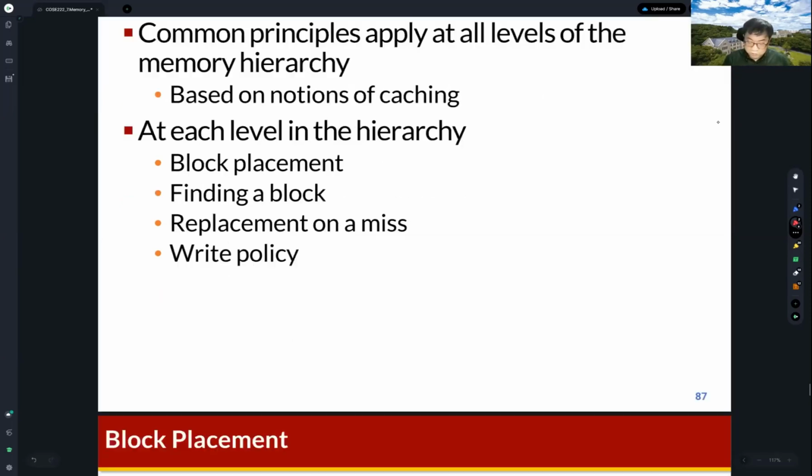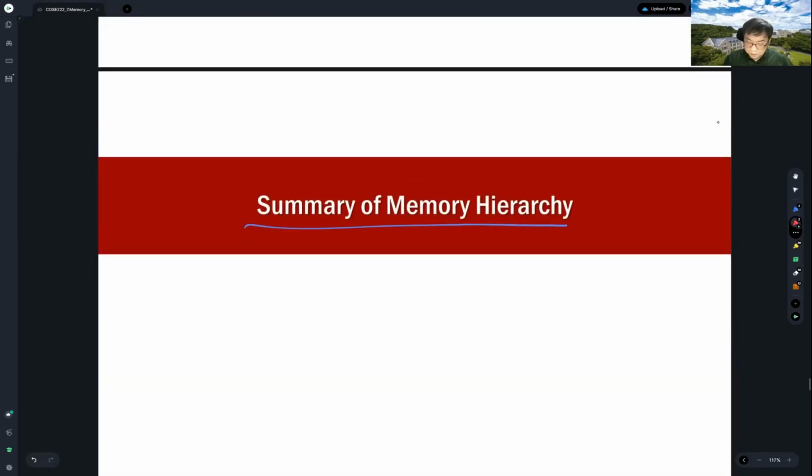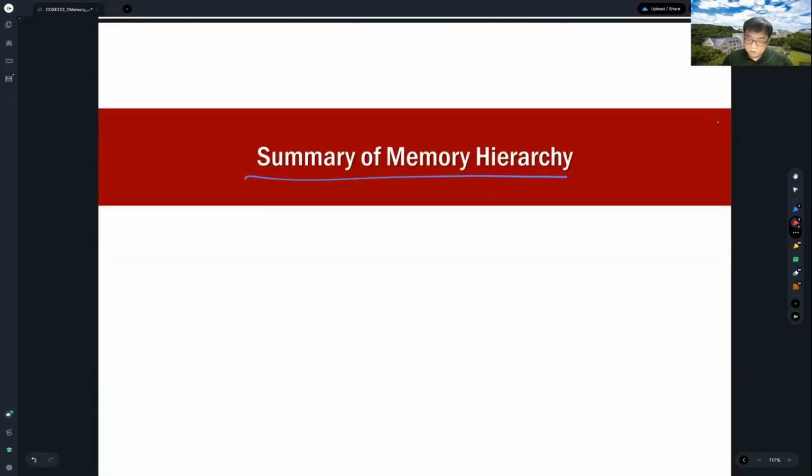I hope you can also understand the important topics of the memory hierarchy and virtual memory. I will stop here, and I hope the lectures are properly recorded. Again, I hope you understand the important concepts of the memory system of a computer system.